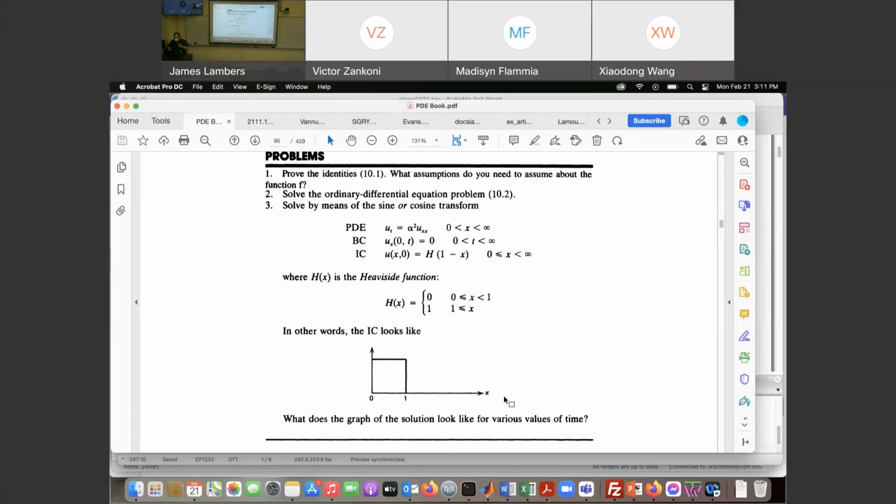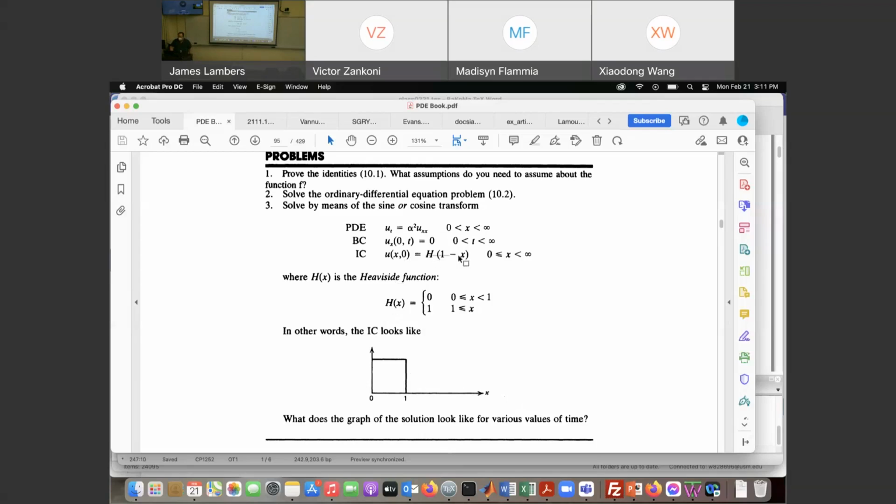For the transforms you're using, like sine or cosine, to take a transform you're evaluating the integral that goes from 0 to infinity. Anytime you're taking a transform, if the function is equal to 0 on some portion of the domain, you can only integrate the non-zero portion and change the limits accordingly.